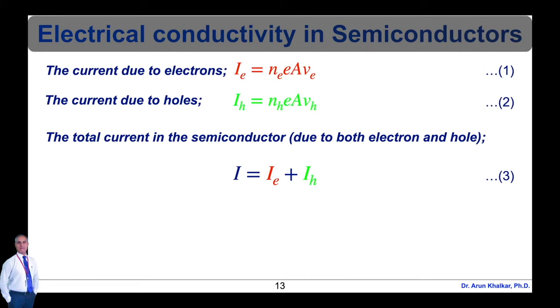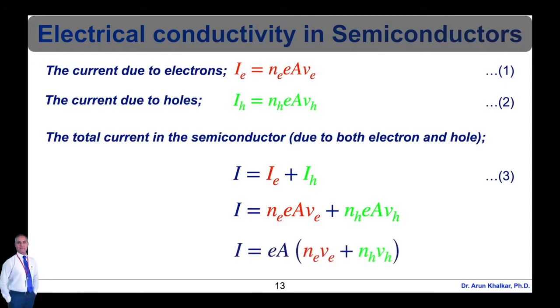By simply putting the values of equations number 1 and 2 in equation number 3, we can write I is equal to n_e e A v_e plus n_h e A v_h. So I is equal to e A in bracket n_e v_e plus n_h v_h. Let's say this is equation number 4.